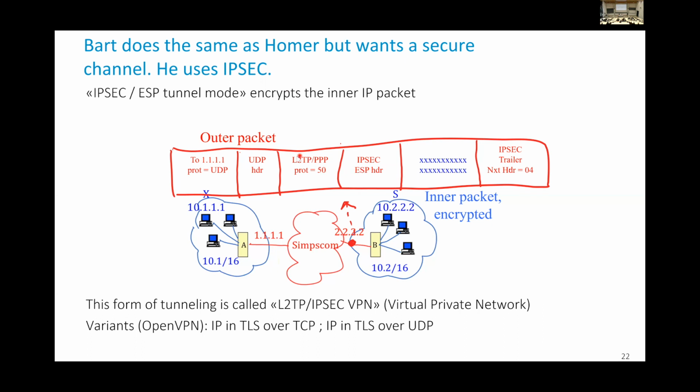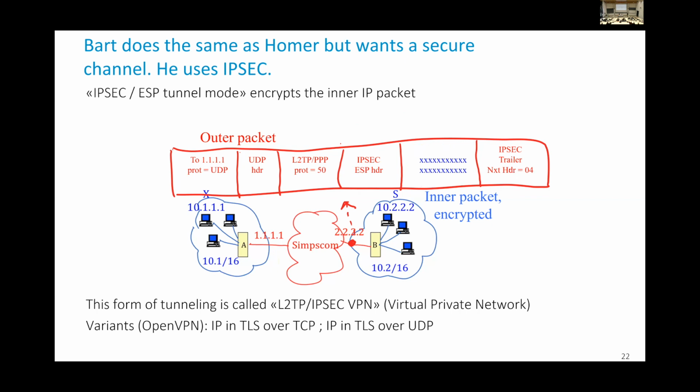So if we use IPsec and the encapsulation method I've used, if we do a Wireshark, we will see an IP header with a destination IP address, a UDP header, a PPP header that is essentially saying what is the next protocol type, which will be here IP security. IP security will contain information about the cipher in two forms, typically at the beginning and at the end of the packet, and then the packet itself, which is now encrypted.